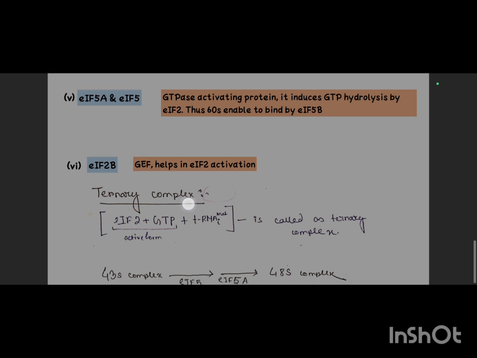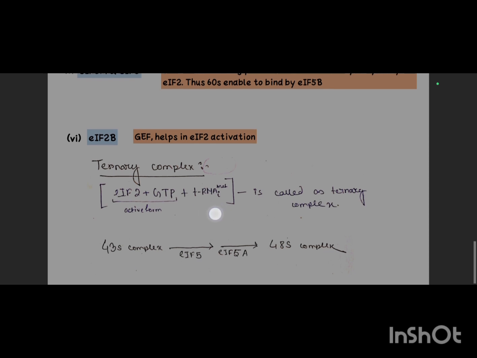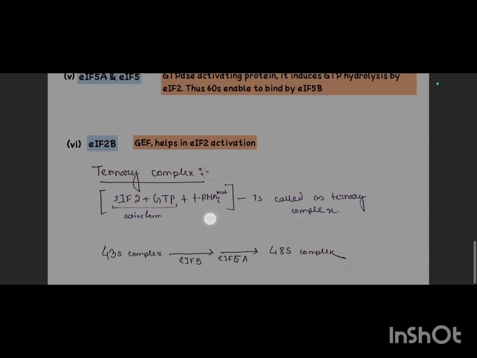Okay, so there is one more interesting thing, that is the ternary complex. What is this? When EIF2 becomes activated by binding with GTP, then EIF2 brings the initiator tRNA. You can see here, as it is in eukaryotes, there is no formyl group. So it is tRNA i Met only, not tRNA f Met.